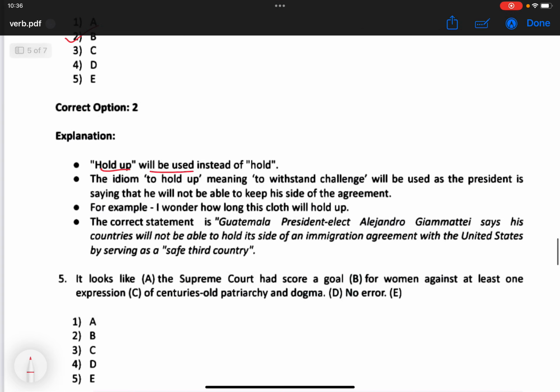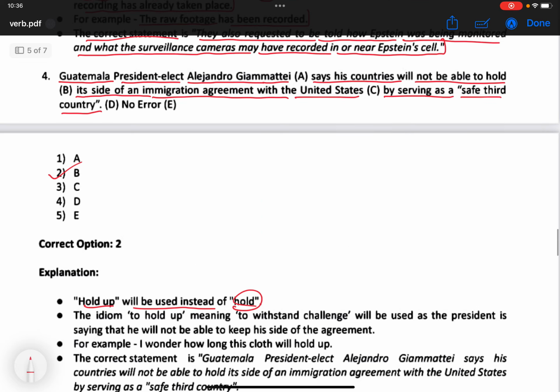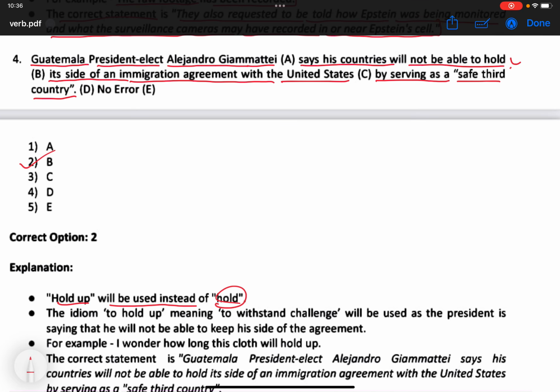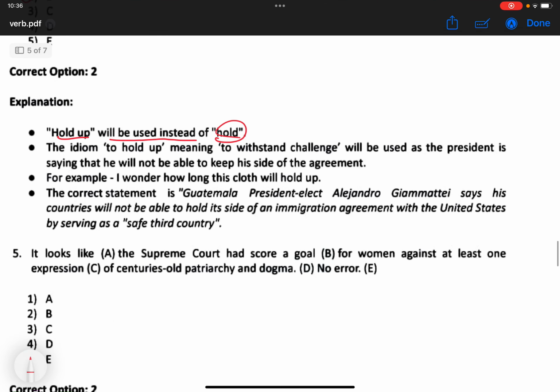Hold up will be used instead of hold. यहाँ पे क्या आएगा? up आएगा. ठीक है. The idiom to hold up means to withstand challenges, and will be used as the president is saying that he will not be able to keep his side of the agreement. For example, I wonder how long this cloth will hold up.